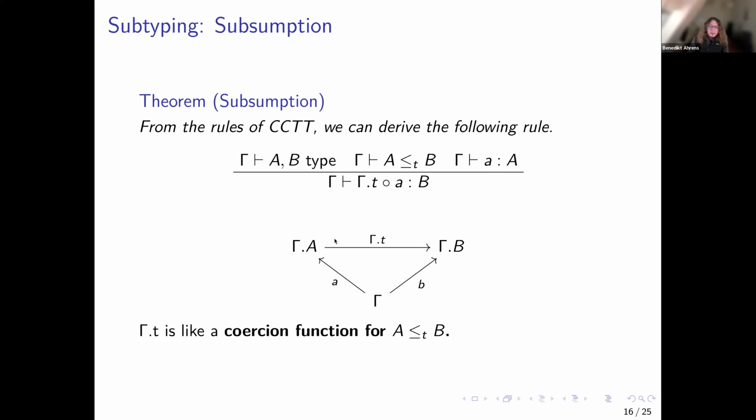So if we have a type morphism, aka a coercion, then its comprehension acts like a function that allows us to produce a term of type B from a term of type A.